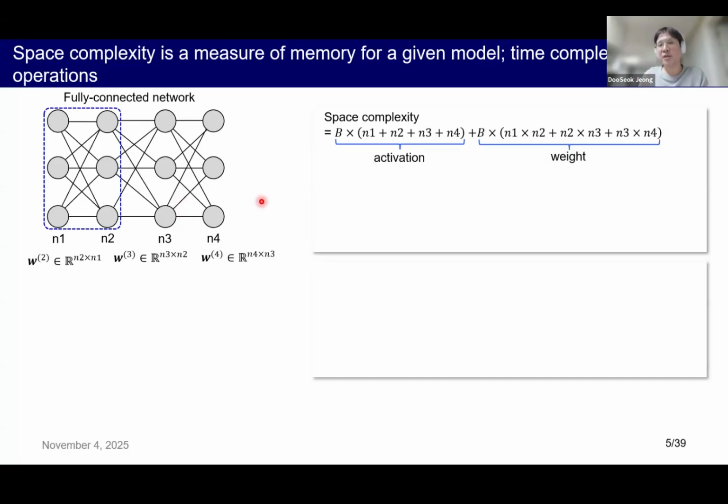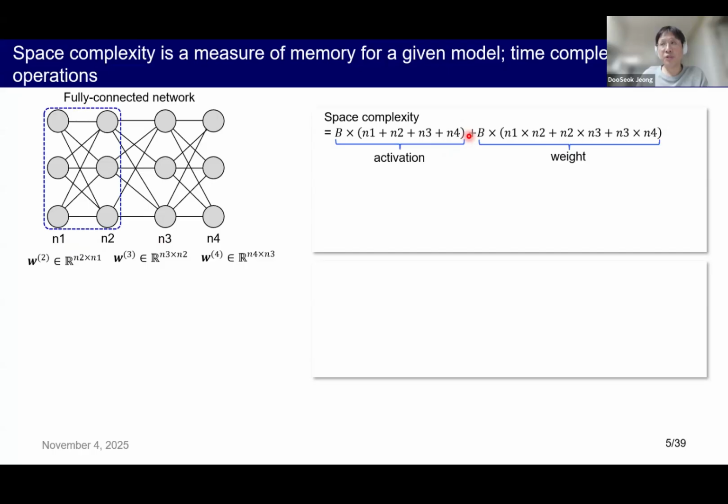Let me talk about the space complexity. Space complexity is how much memory you need to implement this model on your hardware. You can simply count the size of the model, basically the size of the data you need to put on your memory to play with this model. Given that we have 4 layers with N1, N2, N3, and N4 nodes, it depends on the data format.